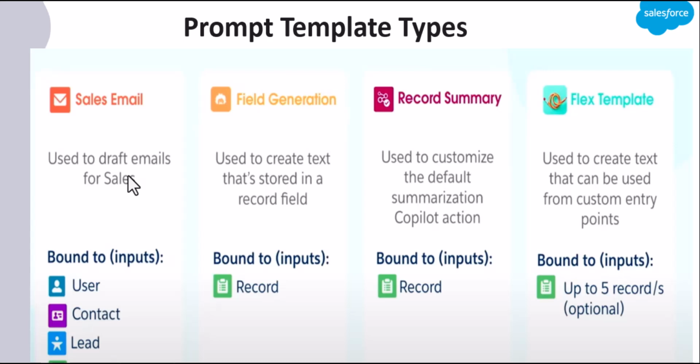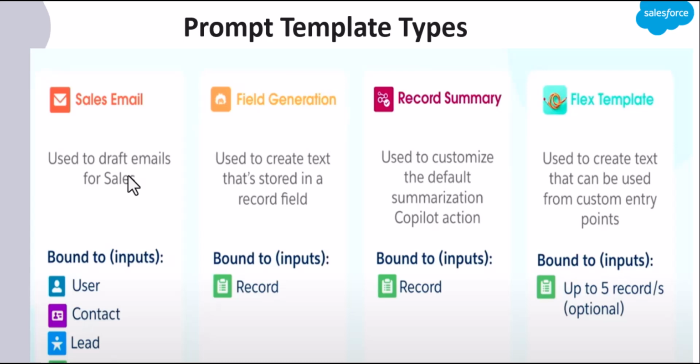In the earlier sessions of the Agentforce employee agent, we gave the prompt to summarize the data. At that time the Agentforce employee agent used this record summary prompt template in Salesforce, which was a standard action provided by Salesforce. So here we will create the record summary prompt template, which is a custom action, and then we will see how it can summarize the record for the AI agent.